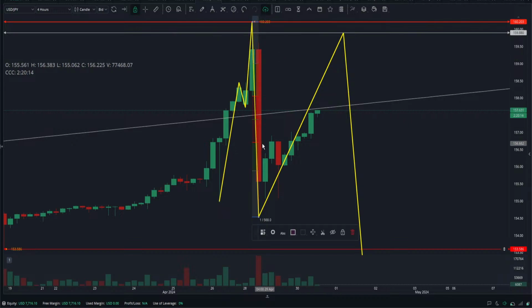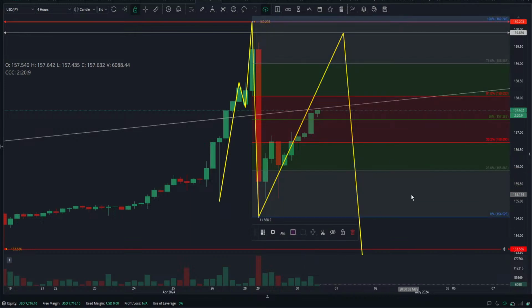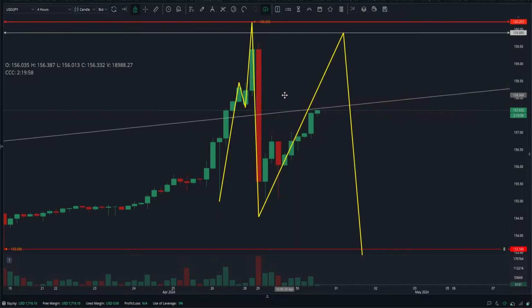All right, so I'll do like this. Yeah. So 50% is already taken. Now 62%, that is 158.03. That is the level which I will be expecting to act as a resistance. If that acts, then fine. We can look for the lower levels.